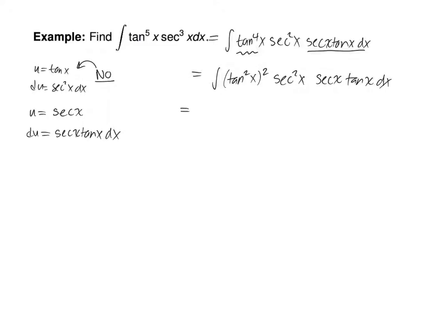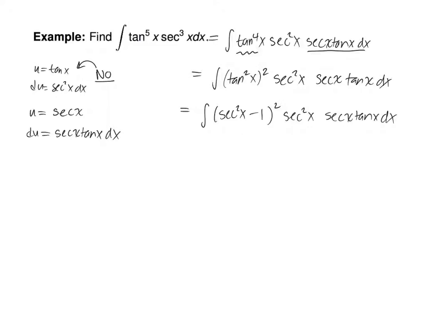And so what is tan squared equal to with secants? Secant squared x minus 1 squared, secant squared x, secant x tan x. Okay. Whew. A lot of pre-processing there.